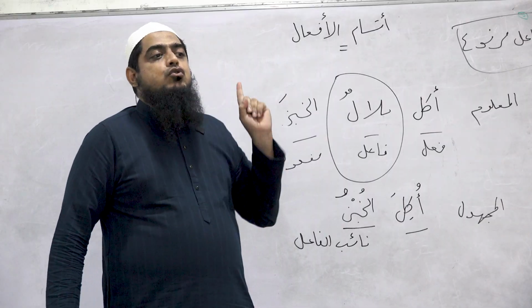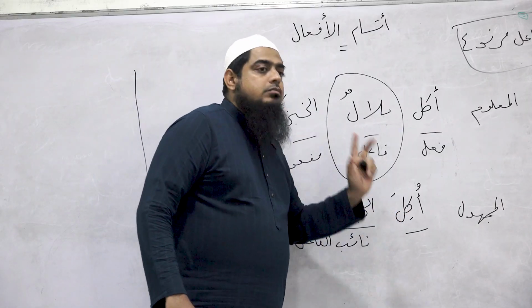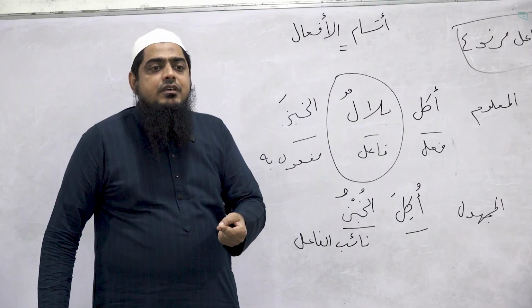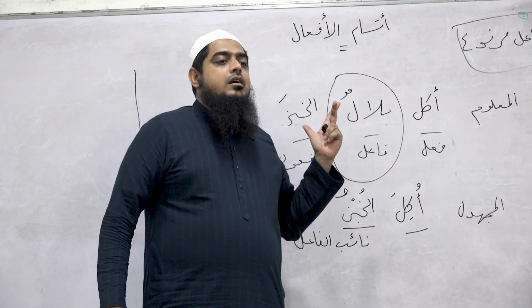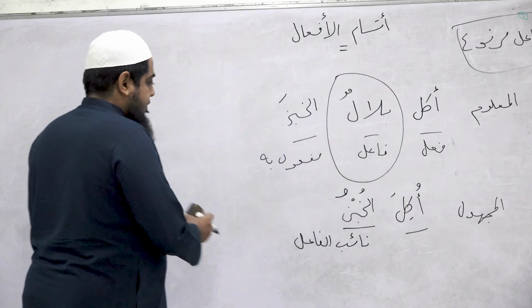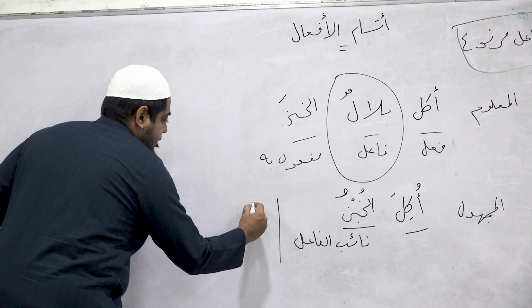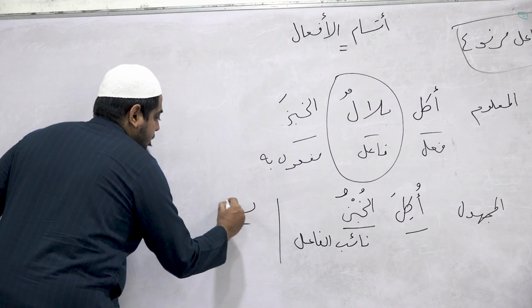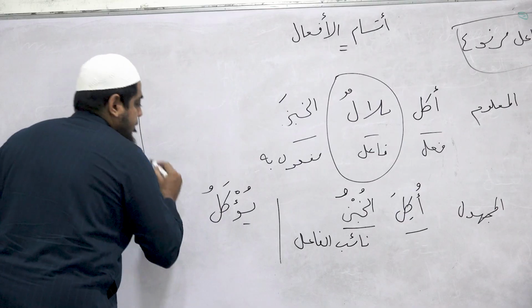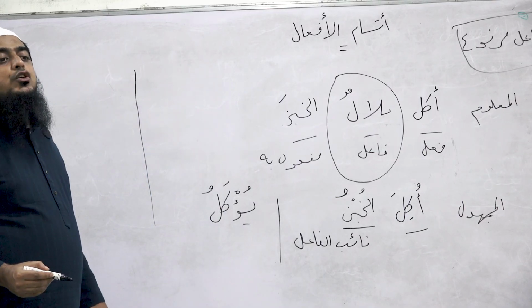Only one bab for majhool. What is that? Fu'ila. You will see fa will have dhamma, ayn will have kasra. And if you make mudari, that is also only one face. What is that face? Yu'kalu, yuf'alu.